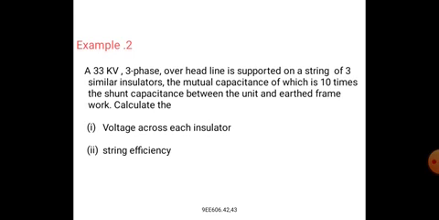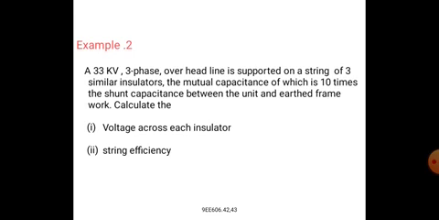So first we have to read the problem. Here the 33 kV is nothing but the line voltage. A 3-phase overhead line is supported on a string of 3 similar insulators. That is, the number of insulators is 3. The mutual capacitance is nothing but 10 times the shunt capacitance.